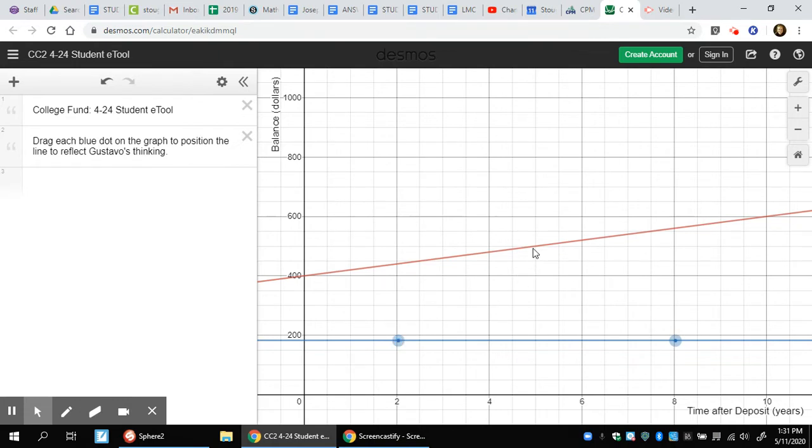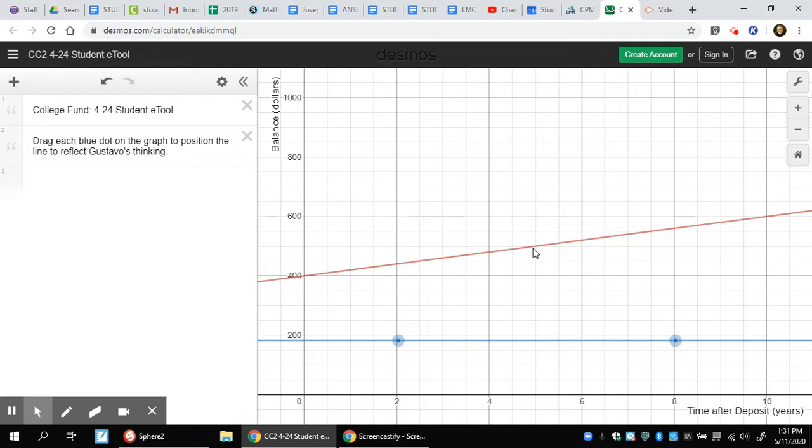It's gone up to be about $100 in 5 years because we started at 400. Well, we ended up at 500. So we have 500 subtract 400, which is my original amount. And so we have $100 growth.